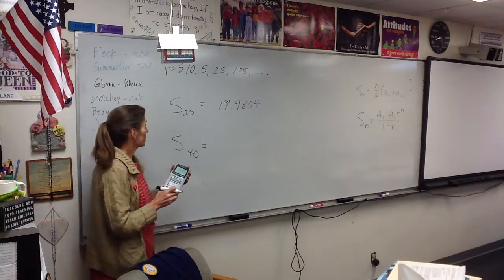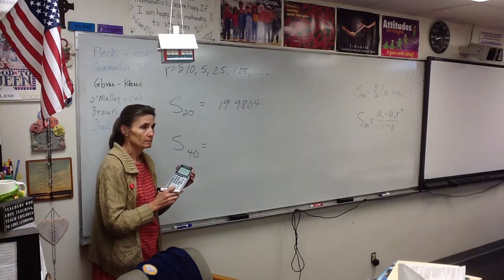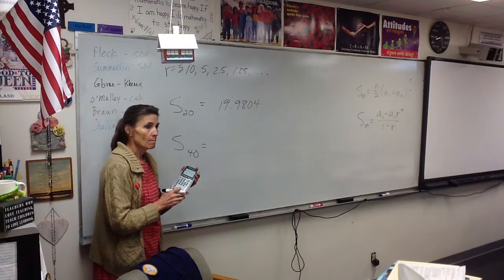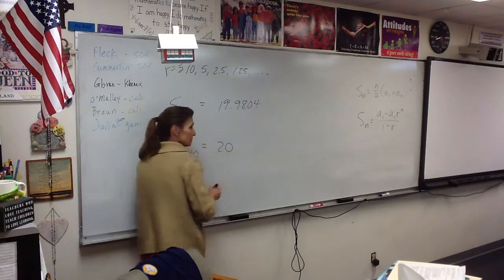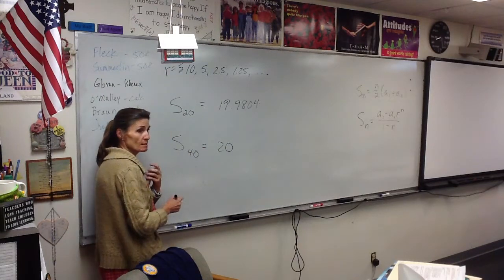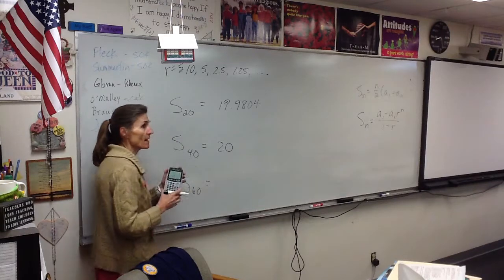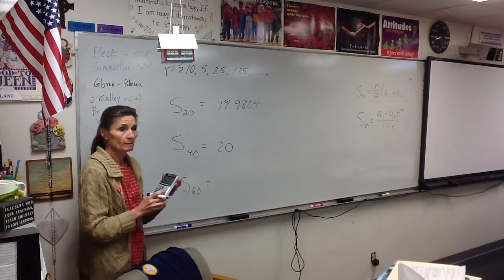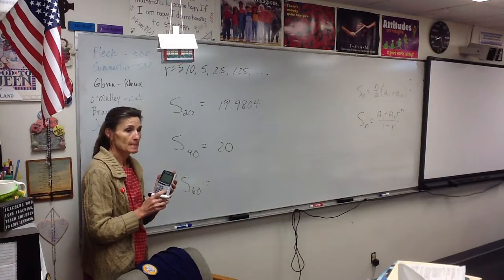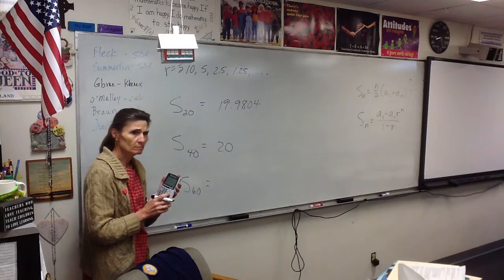What happened? My calculator says 20. Is that what yours says? Add up 60 of them, quickly, add up 60 of them. You got 30, yeah, we did something wrong.